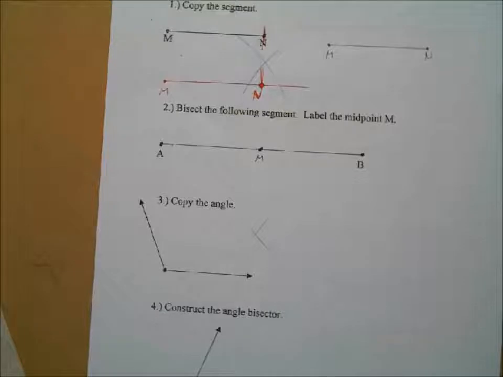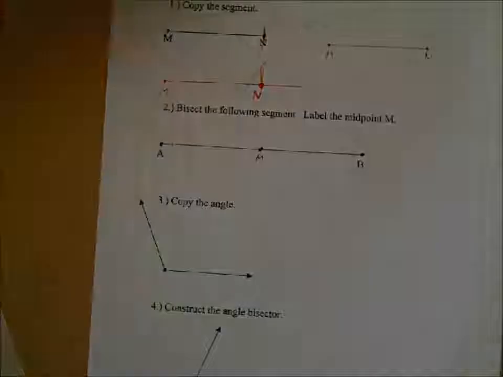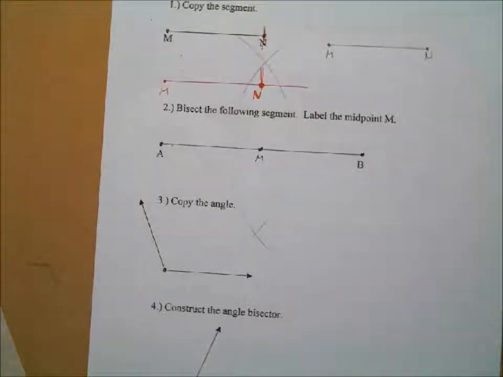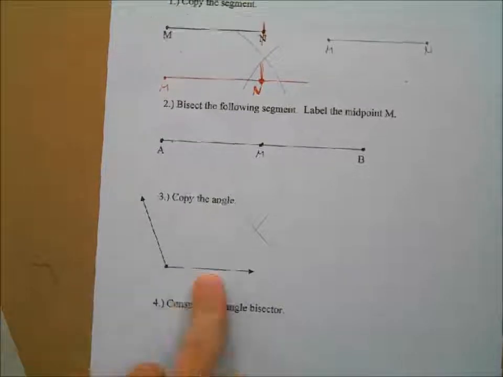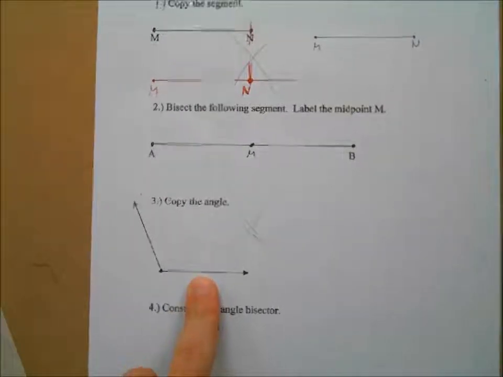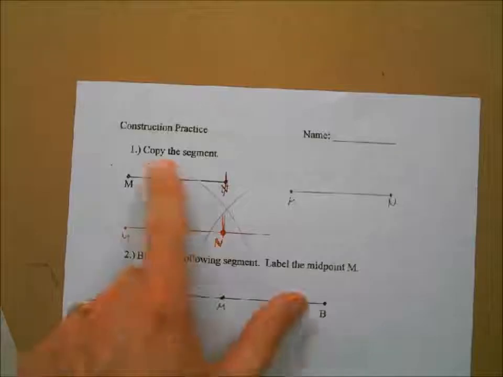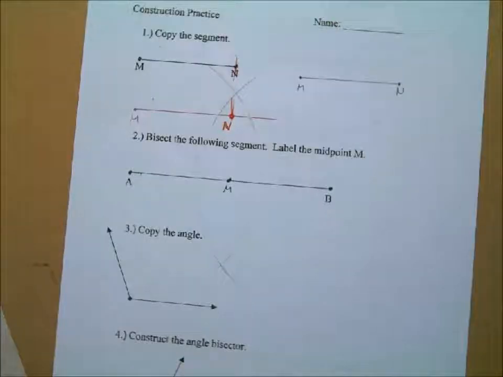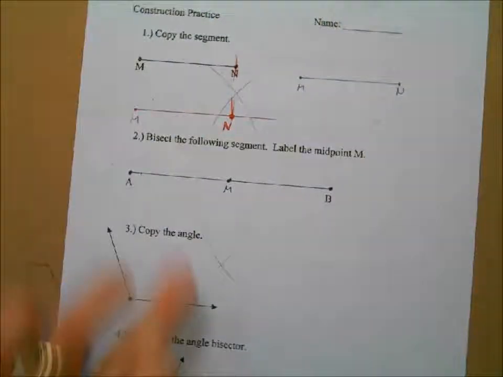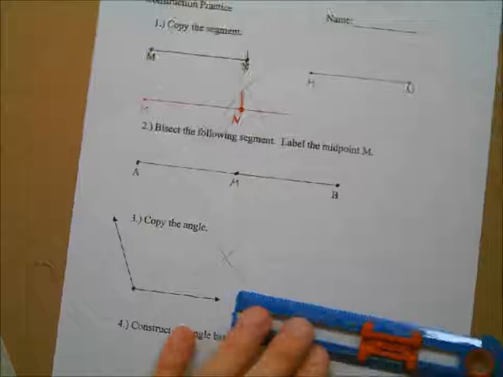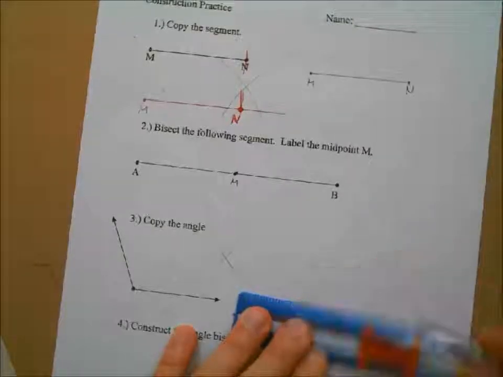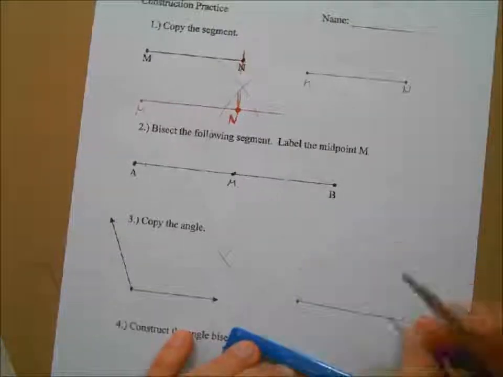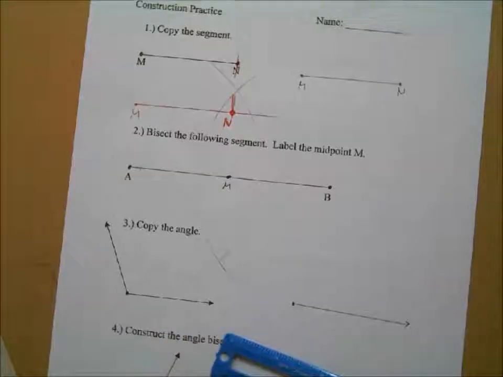Okay. Let's copy an angle now. So, to copy an angle, remember, we want to go back to how we started copying a segment. When we copied a segment, we started with a point already drawn and a ray. We're going to do the same thing for our angle. We're not going to do any measurements over here. We're just going to start by drawing a ray and also having a starting point, like so.